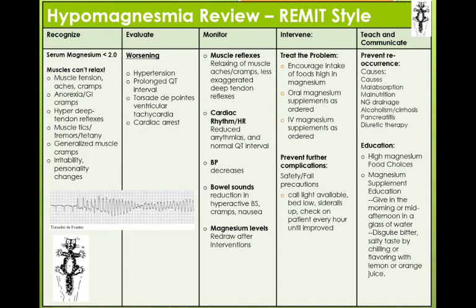They can, though. They can have tetany, muscle cramps, irritability, personality changes. But low magnesium comes with a cardiac rhythm called torsades de pointes. So really, that's probably the only thing to pull out of magnesium: the torsades with low magnesium.